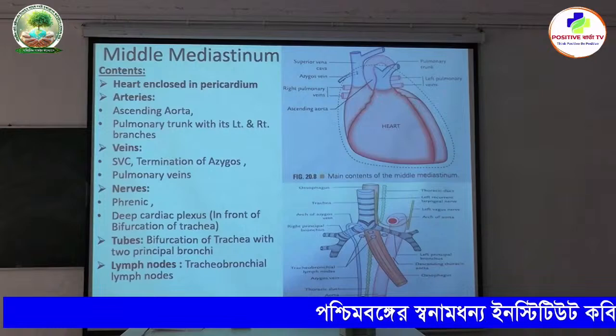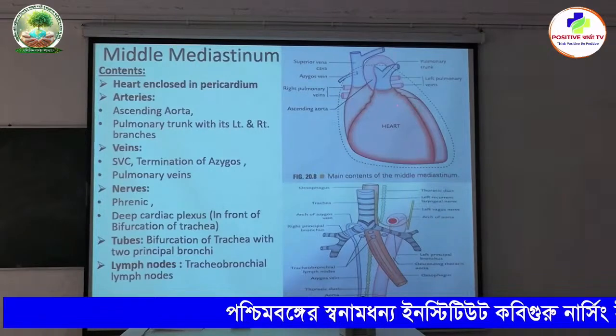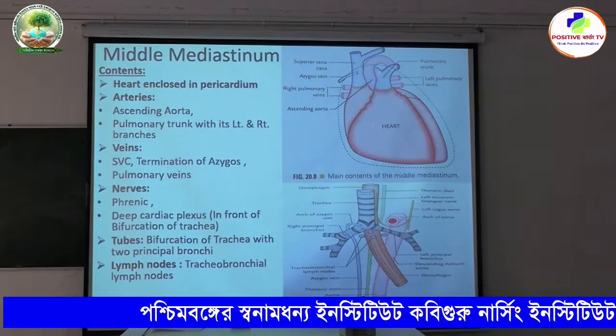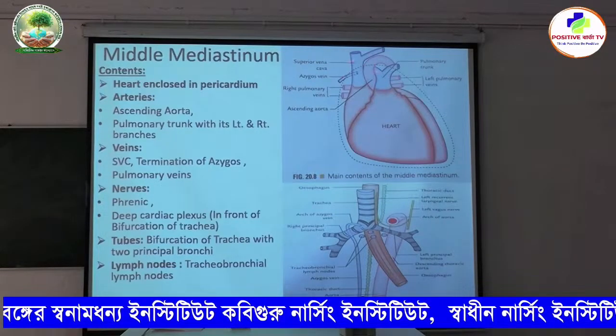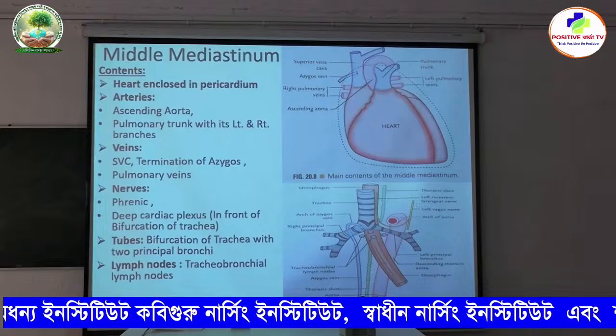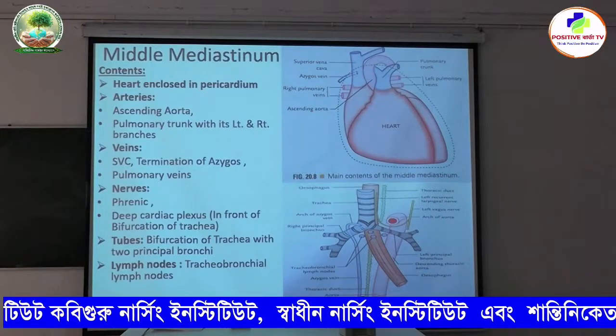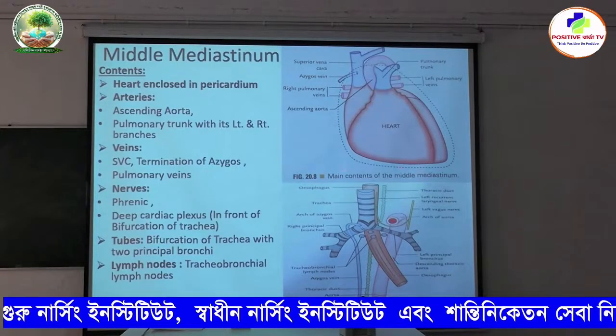You can see here the heart enclosed within pericardium, ascending aorta, pulmonary trunk, its right and left divisions, azygous vein draining into superior vena cava, 4 pulmonary veins.